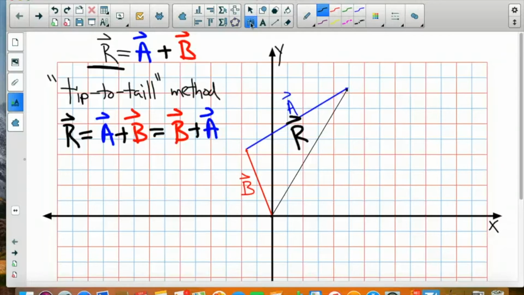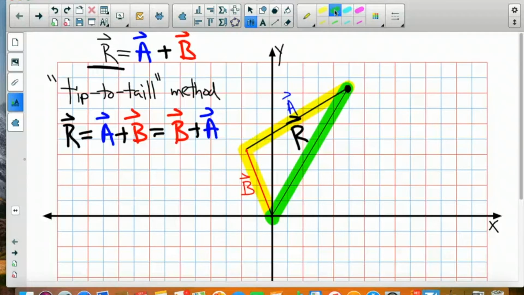So again, I have started, if I started at the origin and I moved along B until it ended, and then once I was there I moved along A until it ended, I get out here at this point here. Okay, and that has the same effect as if I started at the origin and I moved along R, the resultant vector of adding B to A, or A to B, and I end up here.